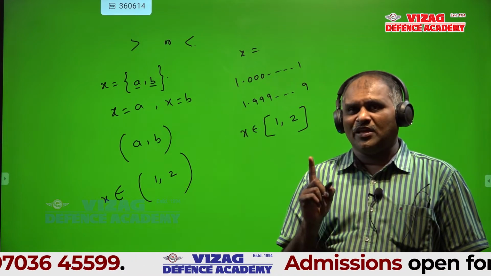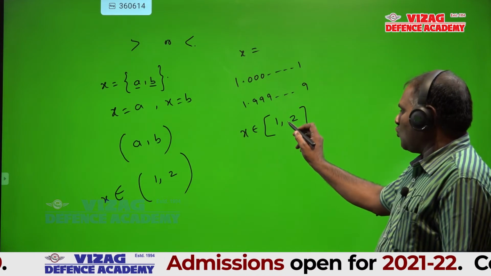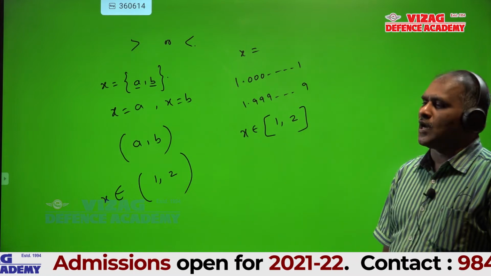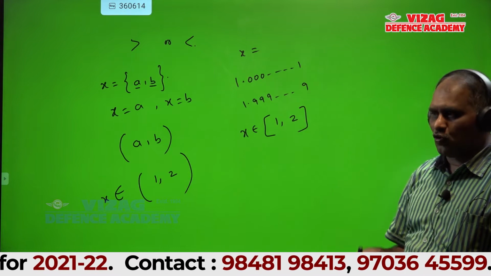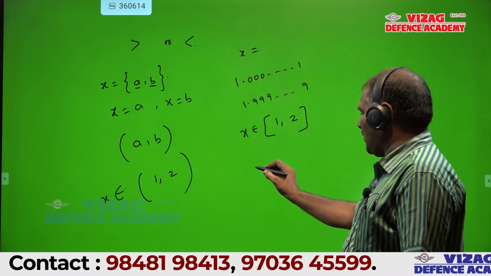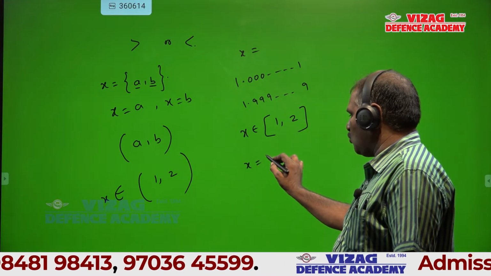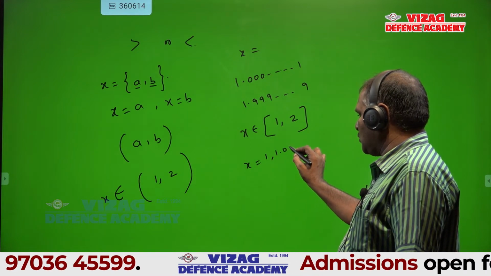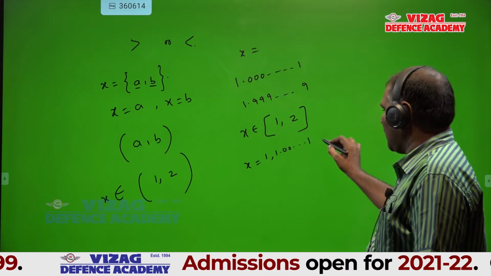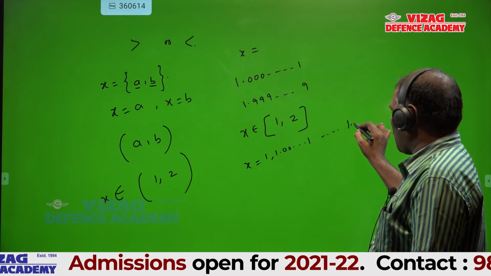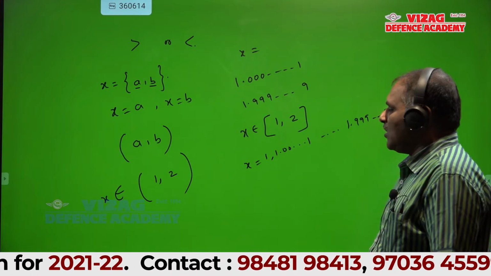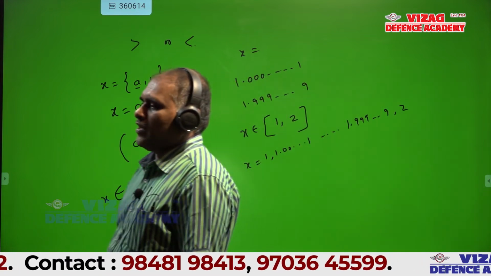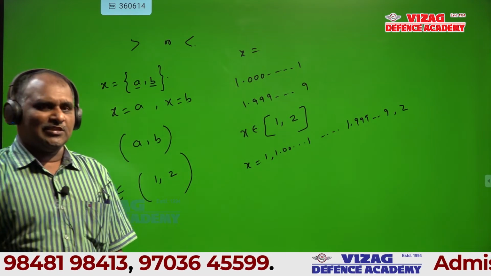It includes all real numbers from 1 to 2, and 1 and 2 are also included. X is equal to 1, 1.000 etc. 1, up to 1.999 etc. 9, comma 2. All these values are included for x.